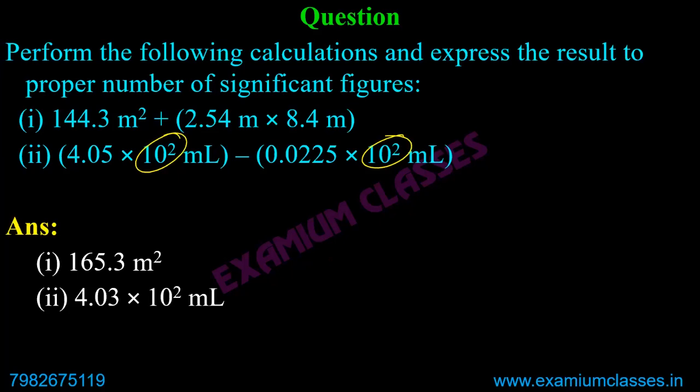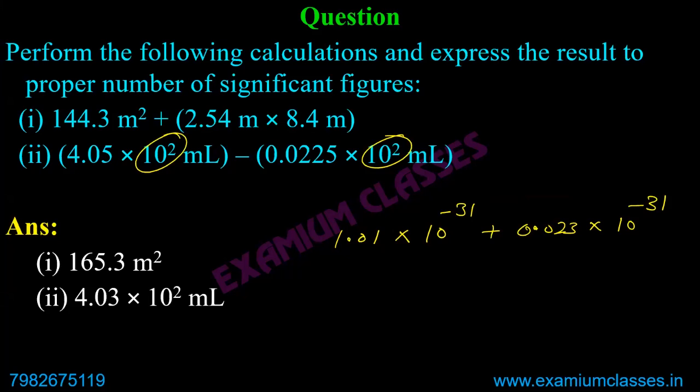For example, tell me if you have to add 1.01 into 10 to the power minus 31 plus 0.023 into 10 to the power minus 31. Do you first multiply out 10 to the power minus 31? You don't do that. You won't put 31 zeros, right?